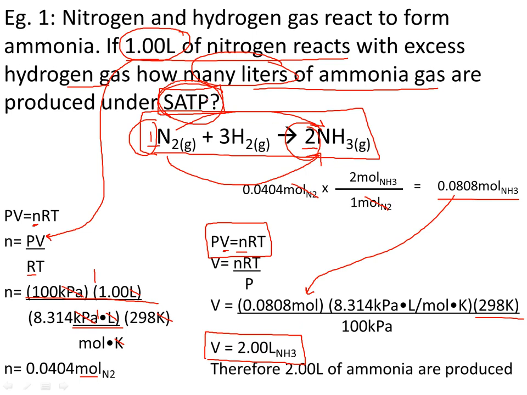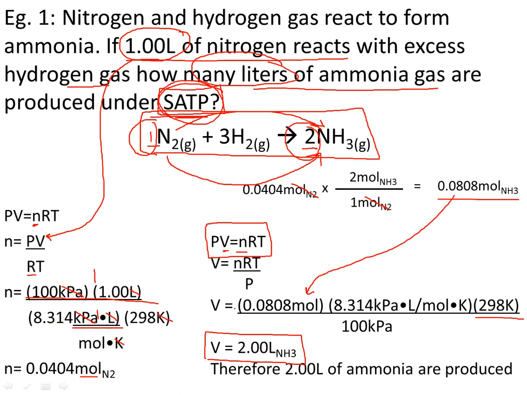Now, if you're not doing this blindly and you're actually thinking about what you're doing as you do it, you will have seen the shortcut by now. And this shortcut is going to work for any gas-to-gas stoichiometry question where you don't have the conditions changing. If you think about it, here we took our 1 liter, we divided by 298, we divided by 8.314, and we multiplied by 100.